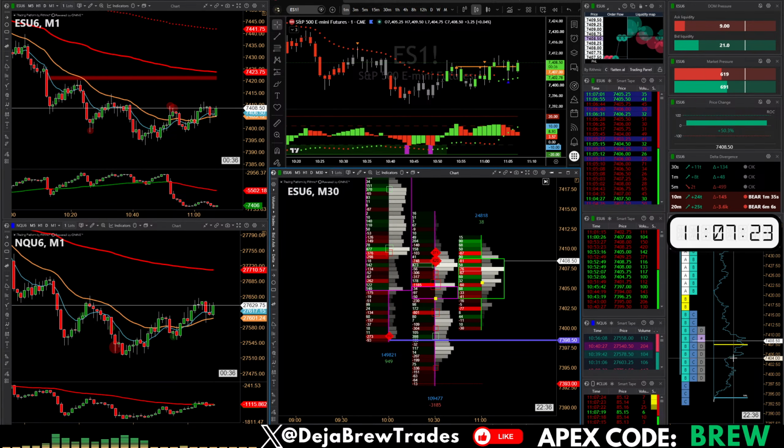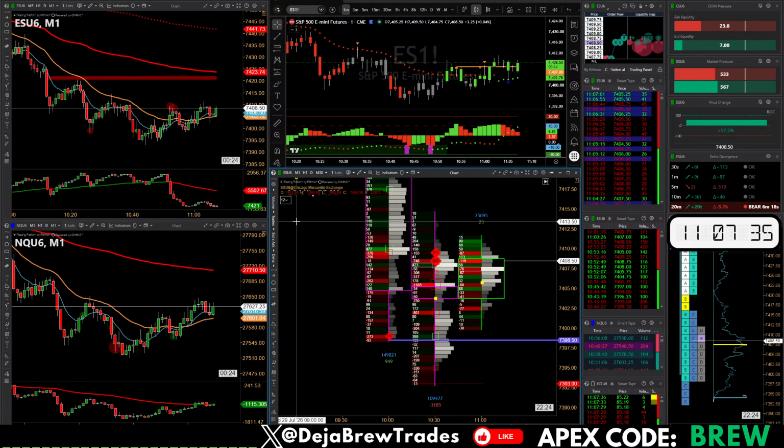Okay, they are holding the bottom of this node here, so still rotating the node. So basically treat this as like a value area, right? We have a value low around like 402, 404, and then value high around like 410.